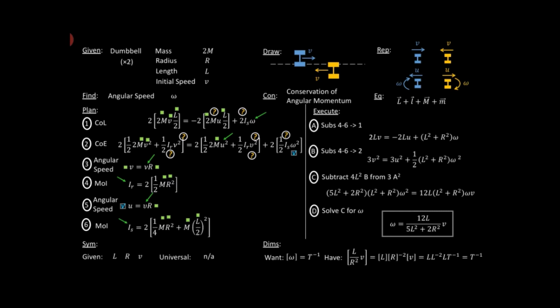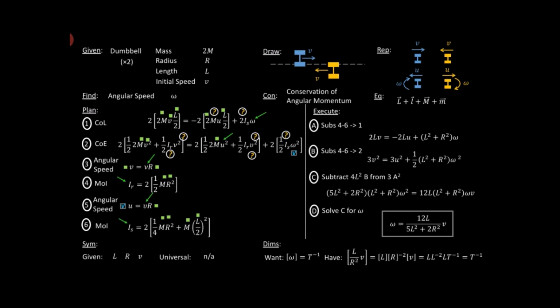Let's see, what does this say? This says that the larger the dumbbells, the bigger the radius of the dumbbells, the slower the rotation. I guess that does make a little bit of sense. That makes sense because it increases the moment of inertia.